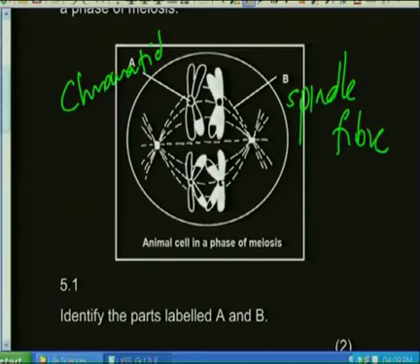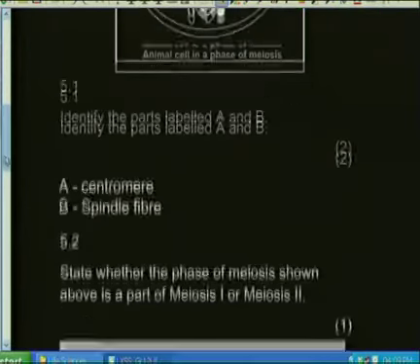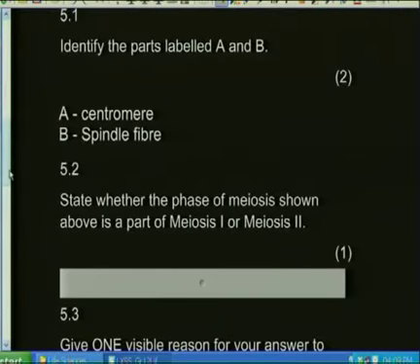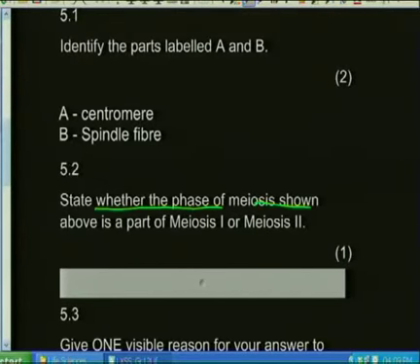Good. State whether the phase of meiosis shown above is part of meiosis 1 or meiosis 2.